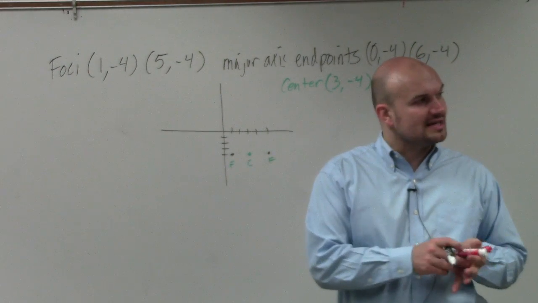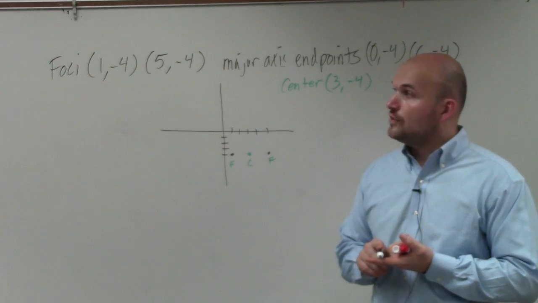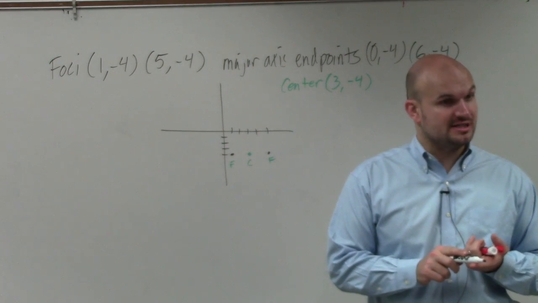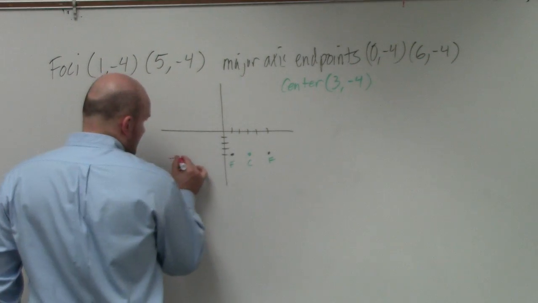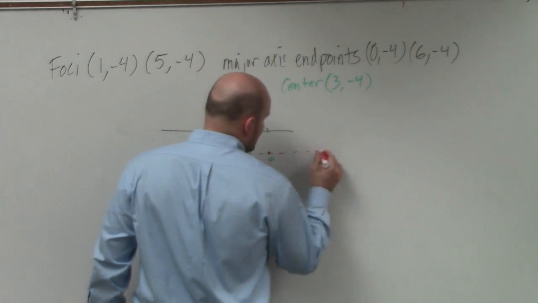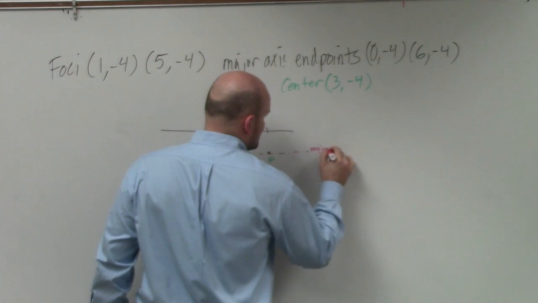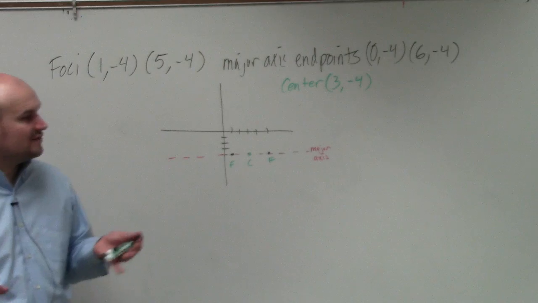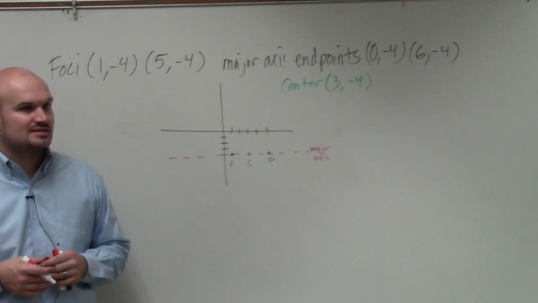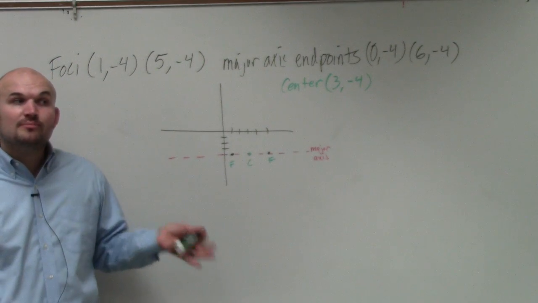What lies on the horizontal major axis? Your foci, your center, and your vertices. Does everybody agree with that? So therefore, this is your major axis, because your foci, your center, and your vertices always lie on your major axis. That's really important for you guys to understand.